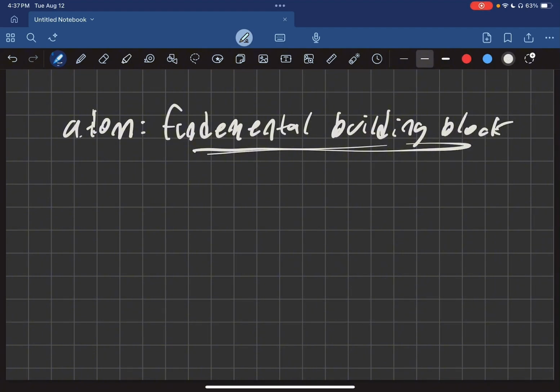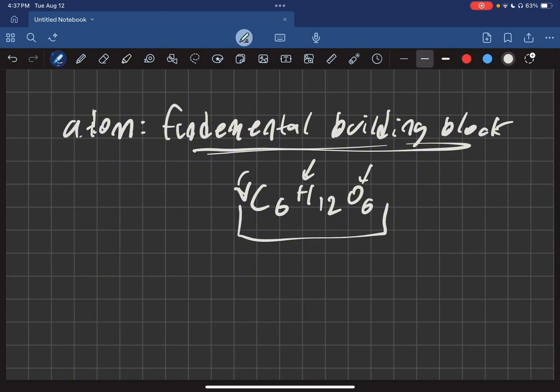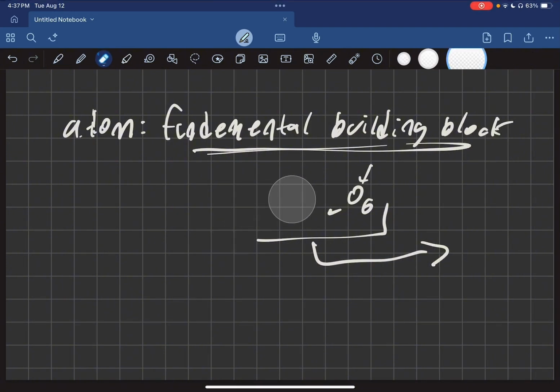For example, you might think of simple sugar, some glucose, and you're going to think of that as C6H12O6. The C, H, and O are all different types of atoms, and they come together to build your glucose. They're going to come together to build your molecule, and you're going to think of that molecule in terms of its subatoms.